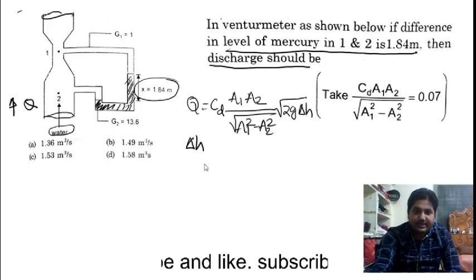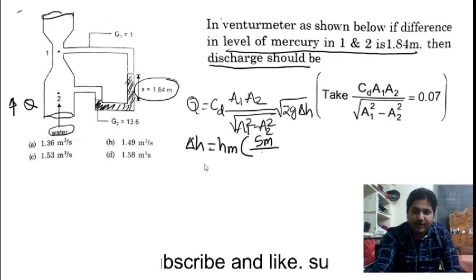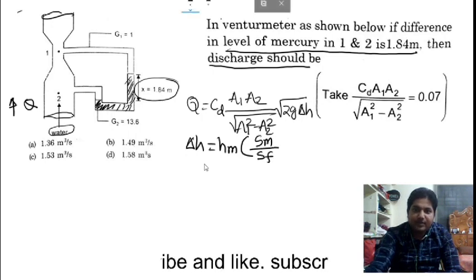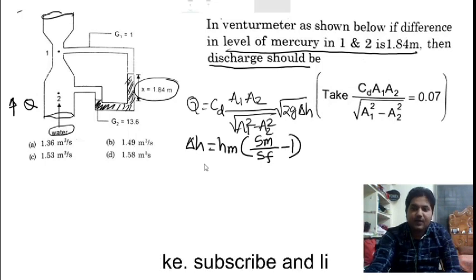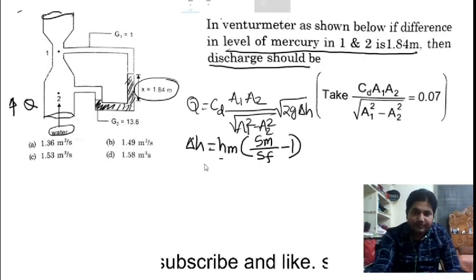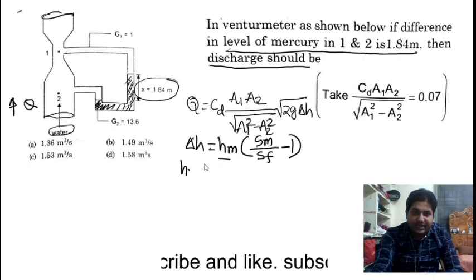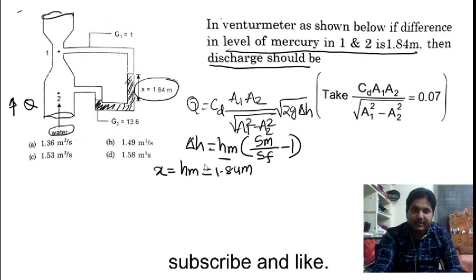Delta H will be equal to the deflection of the manometric fluid into (specific gravity of the manometric fluid divided by specific gravity of the fluid flowing inside the pipe, minus 1). Now this HM is given as X, equal to 1.84 meter.